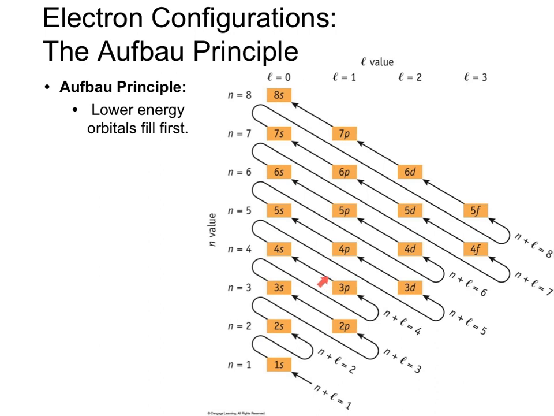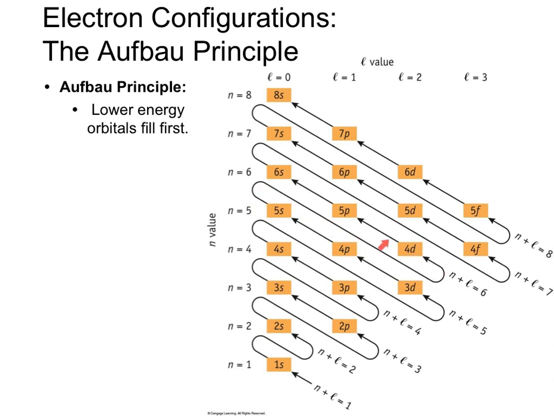Before we move on to 3d, however, we fill 4s in the fourth Bohr shell. It's only after filling 4s that we'll come back around and put electrons into the 3d sublevel. After 3d, we then continue on in our fourth Bohr shell and fill 4p, and then 5s, and so on, and we follow this pathway.